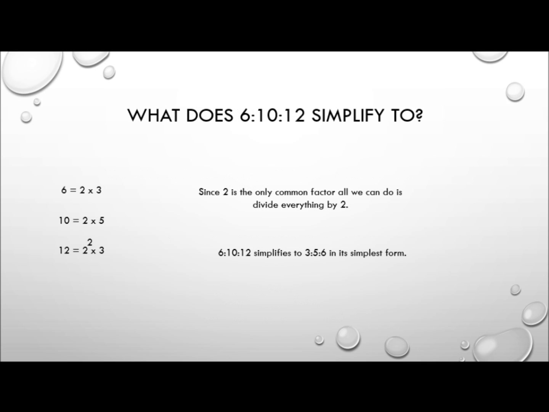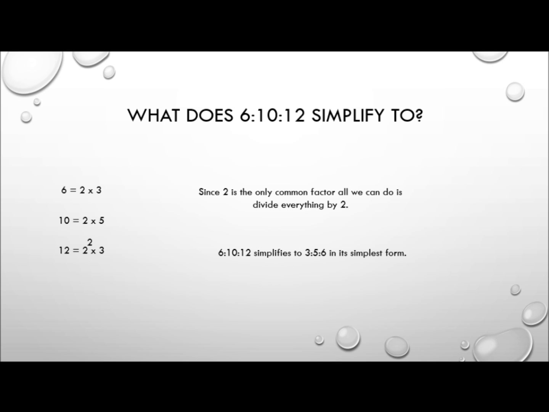Okay, so we can reduce a ratio down to its simplest form the same way we would by reducing a fraction down to its simplest form, and that is to split each number into its prime factors and then look at what factors they have in common and then divide through by the common factors.